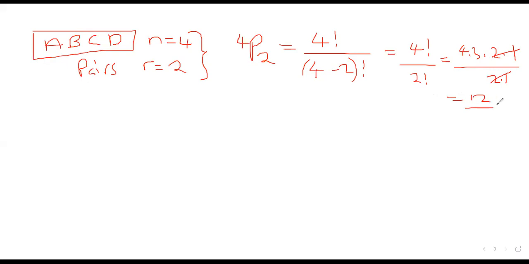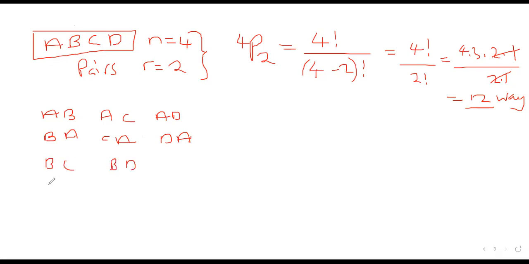But what is the application of this 12? It tells me that if I'm going to rearrange these letters in pairs, I'm going to have them in 12 ways. For instance, I'm going to have AB, AC, and AD. Then I'll swap them. This one is a different entry: BA, CA, DA. And I go now BC, BD.